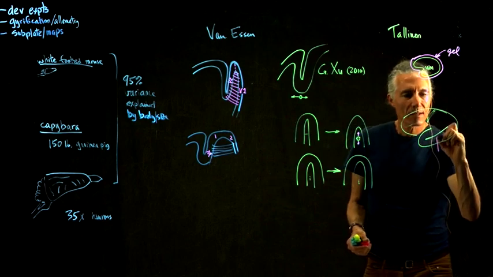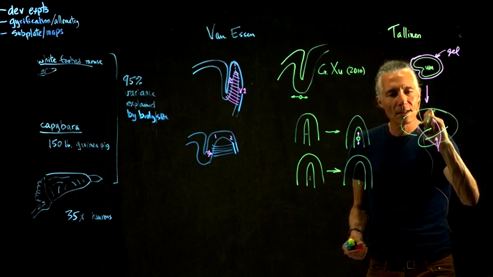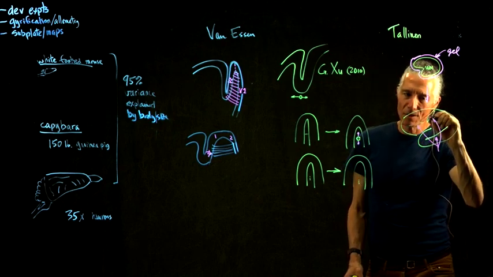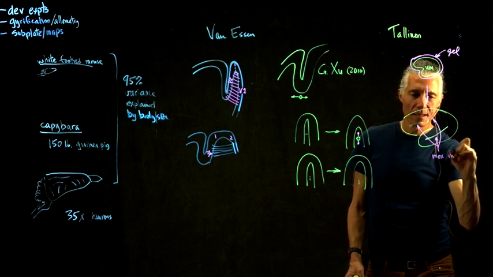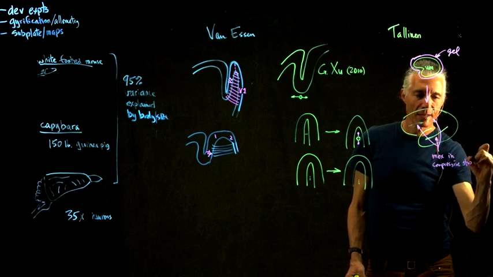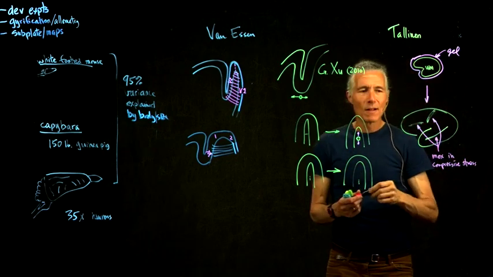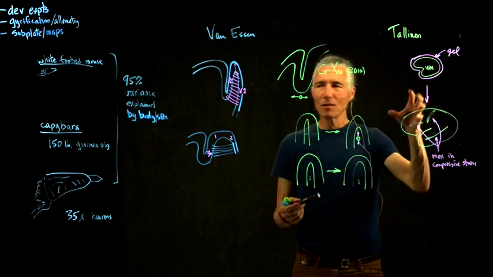So in these places where you see some of the major sulci, like the central sulcus and the superior temporal sulcus, you have a max in compressive stress, and that actually corresponds to where the folds appear in this completely physical model of the folding.